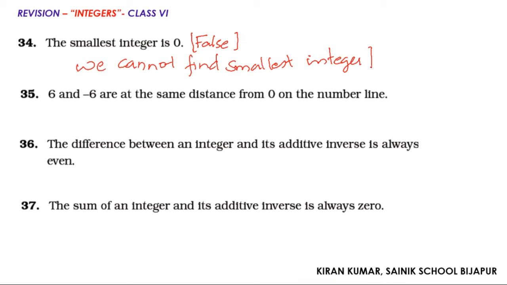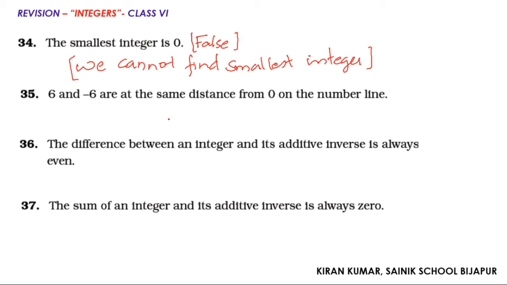The reason is all the numbers towards the left can be further considered, since in the number line you can see the arrow mark. There exists infinite number of negative numbers. We cannot exactly say which number is the smallest.